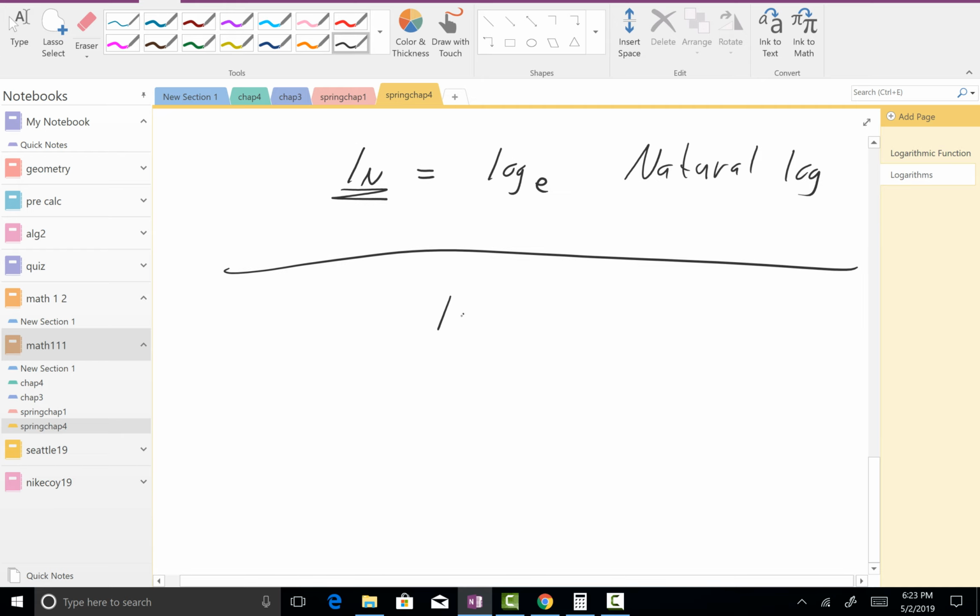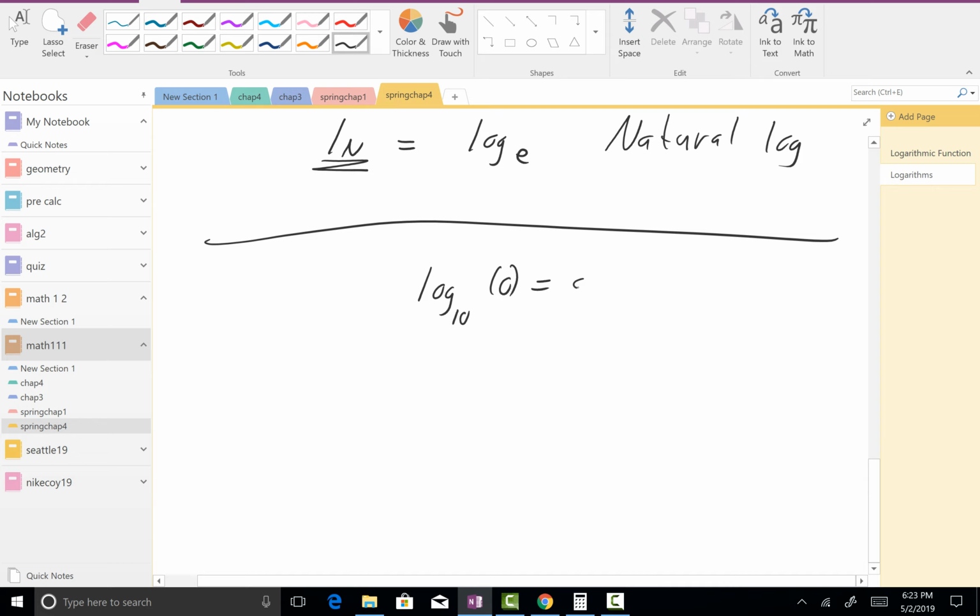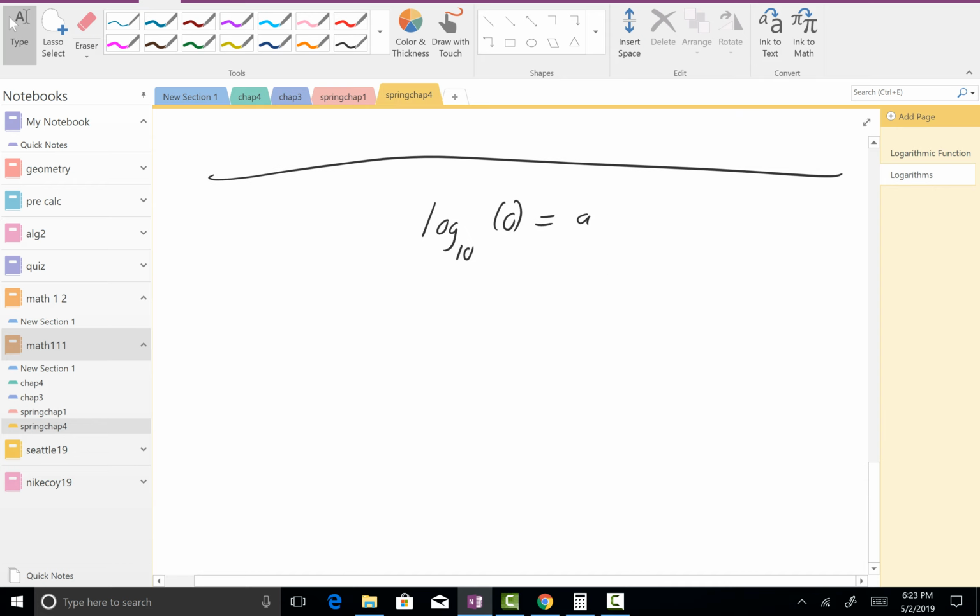Can we do that? Well, that means that I could take the log, say base 10, of 0, and I would get a number, correct? So let's say that number is a. Well, that means that 10 to the a power has got to give me 0, because that's the definition of a logarithm, right? Well, I can't think of any 10 to any power. We know 10 to 0 is 1, right? 10 to a decimal is going to get pretty close to 0, but it's never going to quite hit 0.